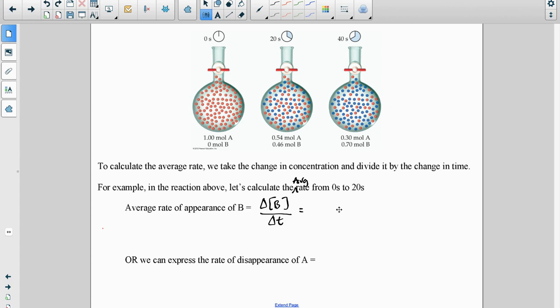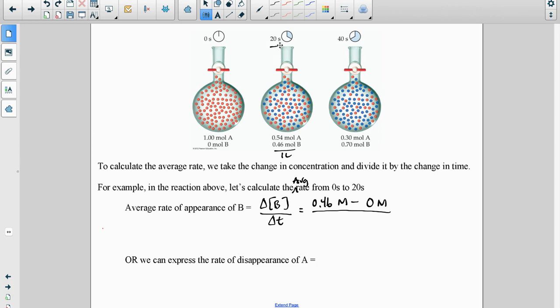So here, if we look at delta B, remember it's final minus initial. Final for B is 0.46 molar. Remember, this is in 1 liter, so if we divide by 1 liter, it'll still be the same number, minus the initial molarity of B, which is 0 molar.